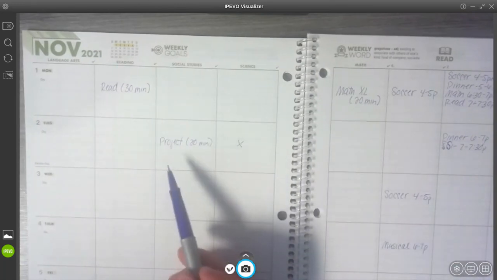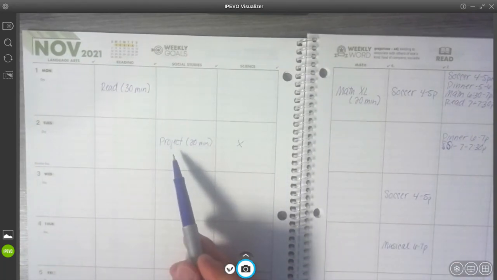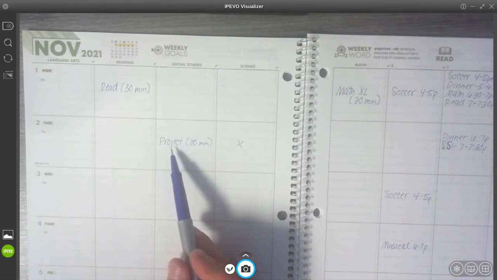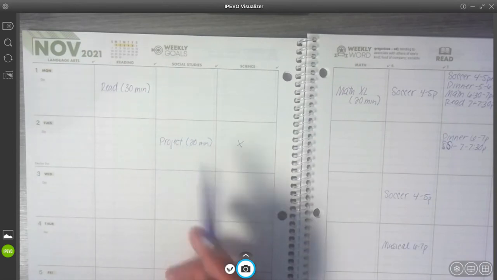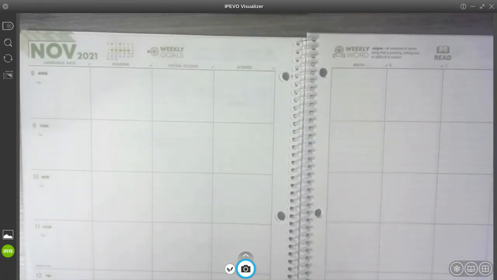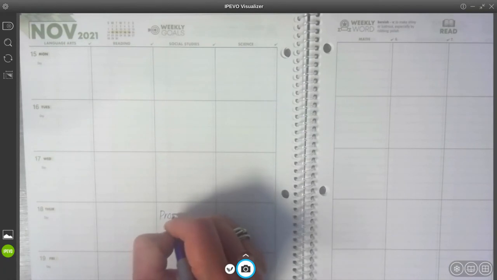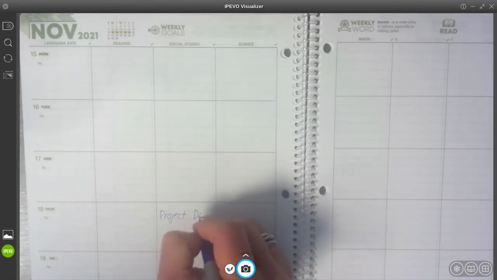So for example, if on Tuesday in social studies they hear that this project is going to be due before Thanksgiving break, they can turn to that week and they can put that in their calendar. So let's say Thursday, this is when the project is due, they can write project due, and that's in their planner.